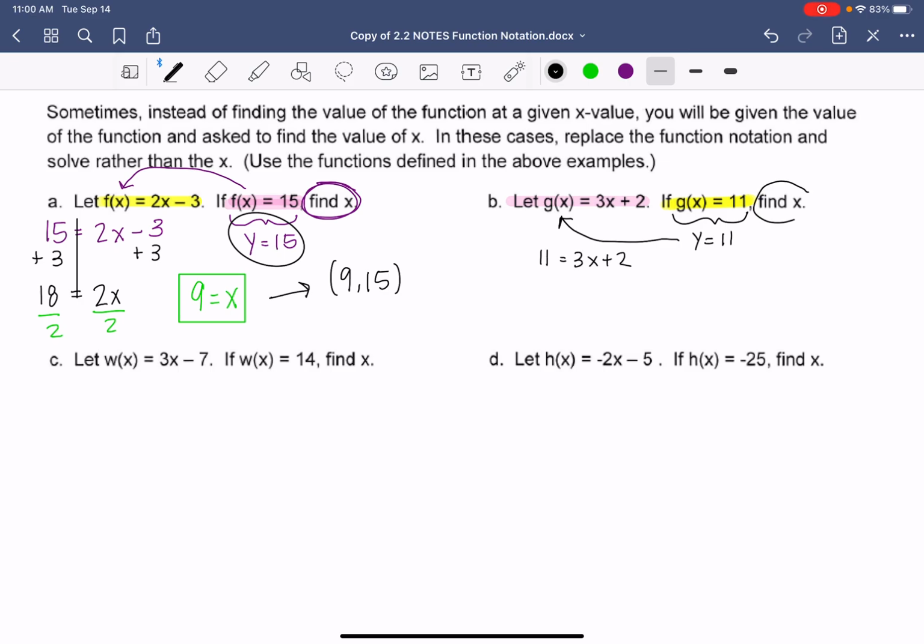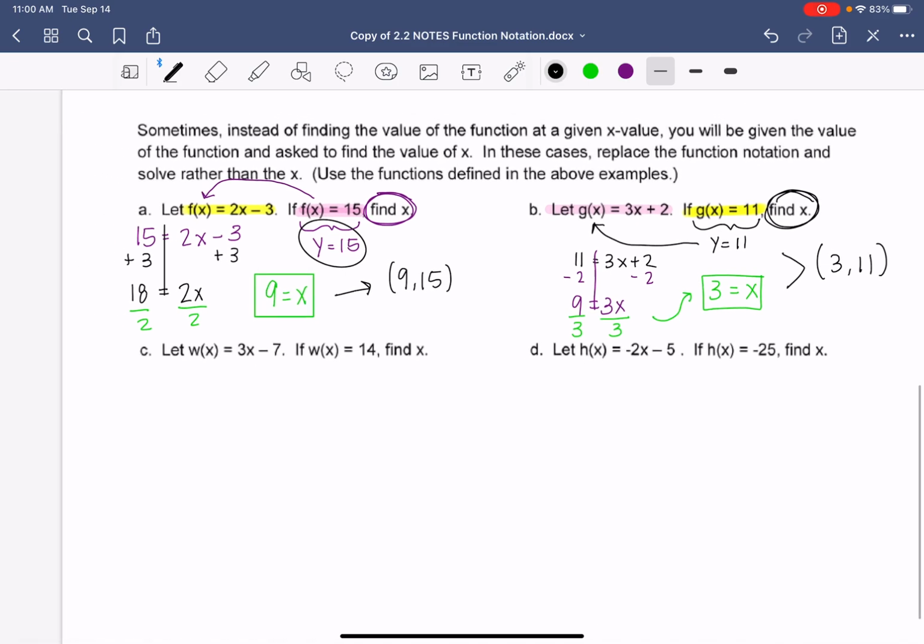And now I'm finding x, so I must solve. So subtract 2. Remember, undo the addition or subtraction. We're left with 9 equals 3x. Then undo the multiplication or division. So it's multiplying here, so I must divide by 3. So 3 equals x. And then our ordered pair is 3, 11.